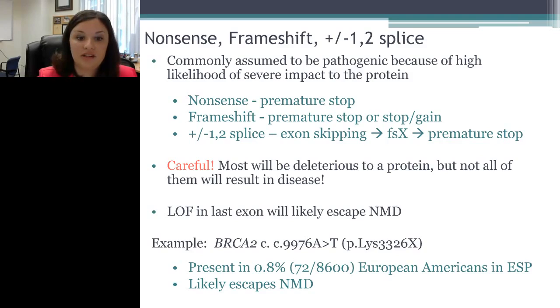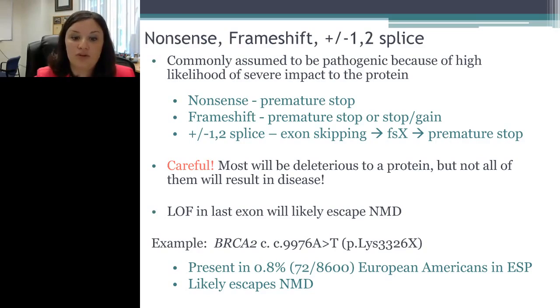Another thing to take into consideration is where the variant is located. So if a loss of function variant is occurring in the last exon, it will likely escape nonsense-mediated decay and may lead to a truncated protein as opposed to an absent protein. So an example of this is a loss of function variant in the BRCA2 gene. Now, normally loss of function variants in BRCA1 and 2 are considered to be pathogenic. However, this particular variant resides in the last exon.